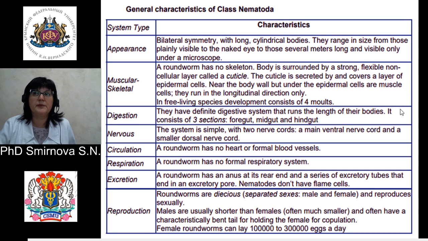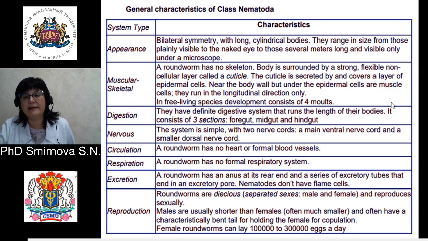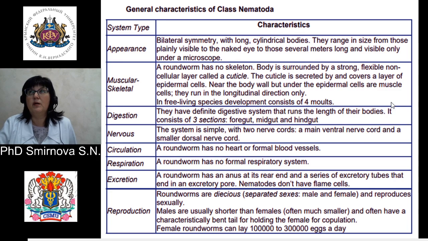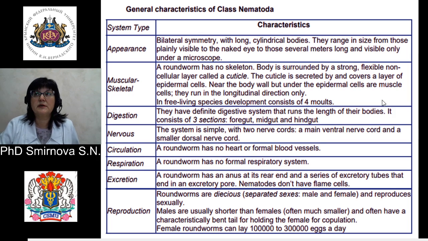Reproduction. In the reproductive system we can see a very big difference. All parasites from phylum Helminths were hermaphrodites. You remember only schistosomes have separate sexes, but for all nematodes separate sexes are characteristic. We can see male and female. For roundworms we can see an interesting specific: the female usually has a bigger size than the male.